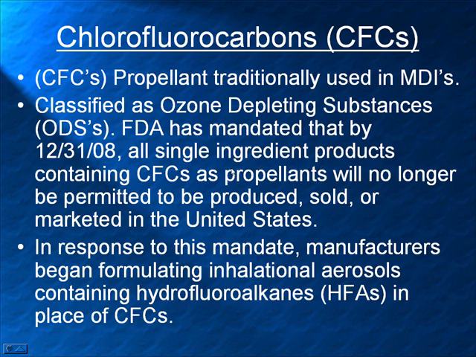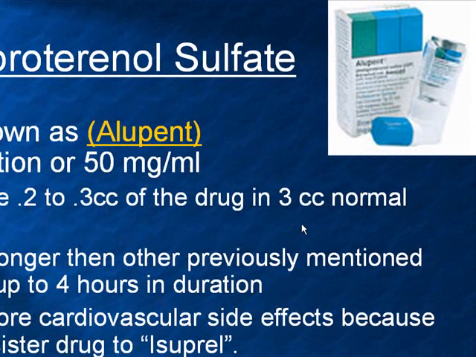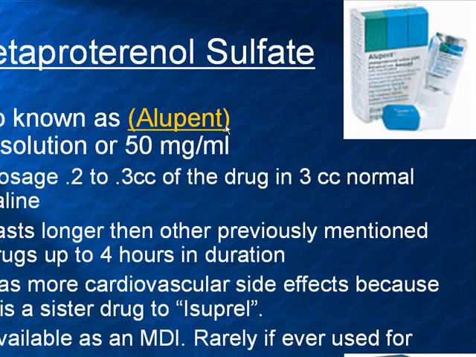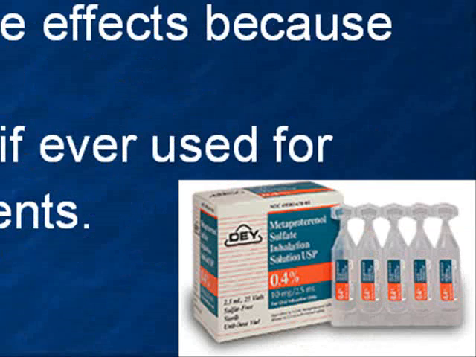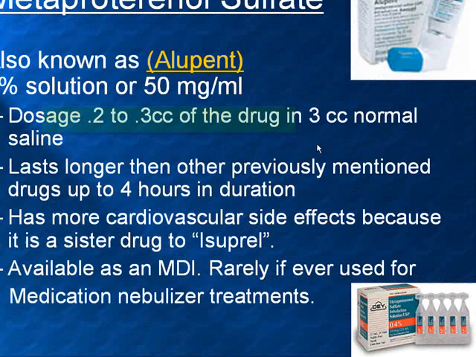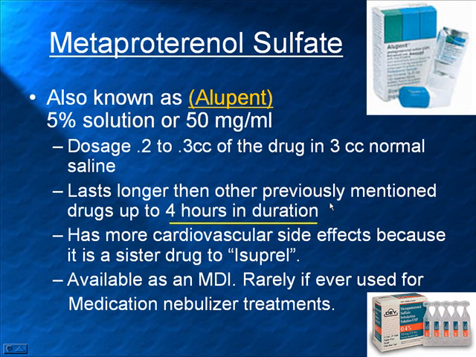Our next drug then is Metaproterenol sulfate, also known as Albuterol. Again, relatively older in terms of its usage, and you can see up here that we have an MDI of Albuterol, and down in the right corner here we have the Albuterol unit doses. And Albuterol comes in a 5% solution, or 50 milligrams per milliliter, and the dosage was less, 0.2 to 0.3, and it lasted longer than other previously mentioned drugs, up to about 4 hours in duration.